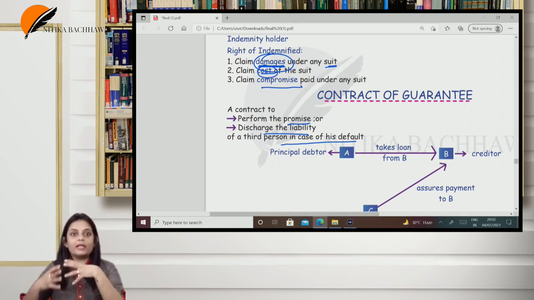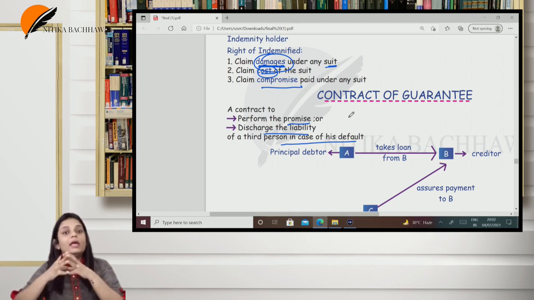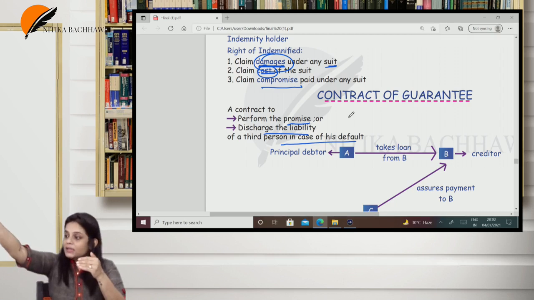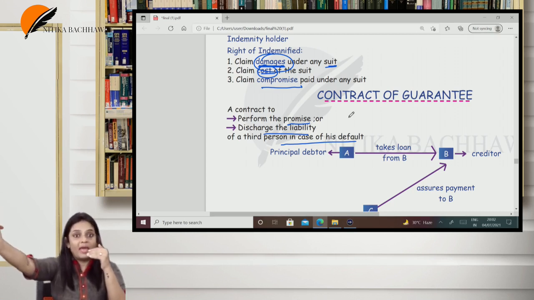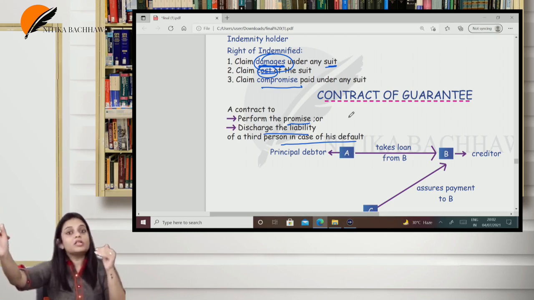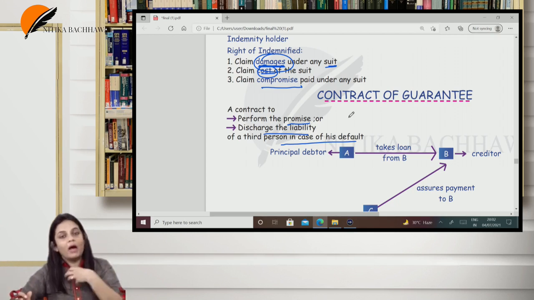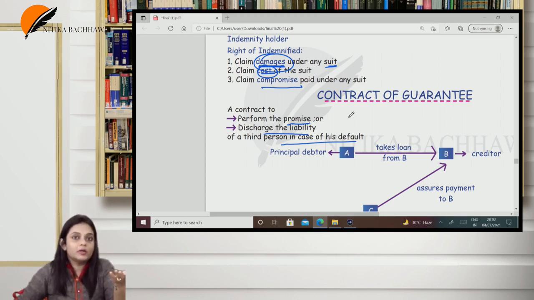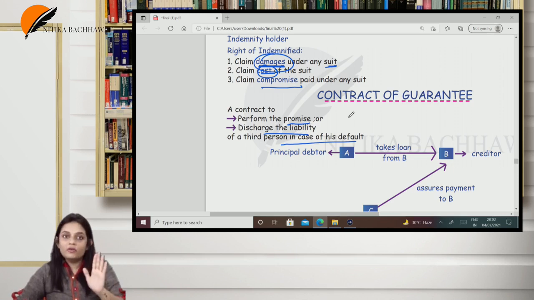It is an assurance given by one person to another that in case the third party does not pay on time or does not perform the contract on time, I will pay on his behalf or perform on his behalf. This is a contract of guarantee.